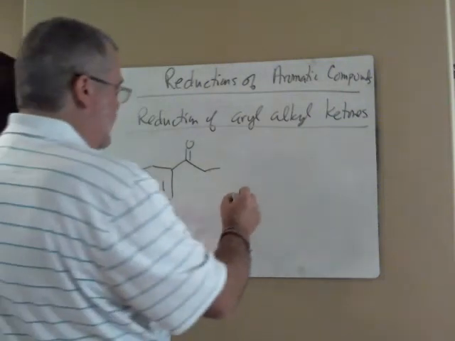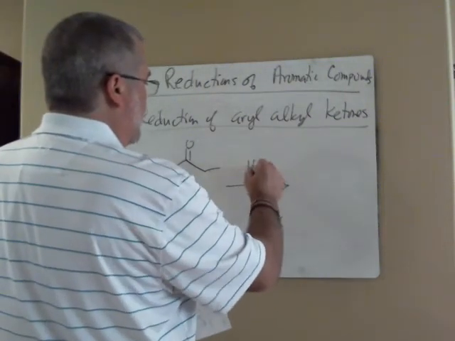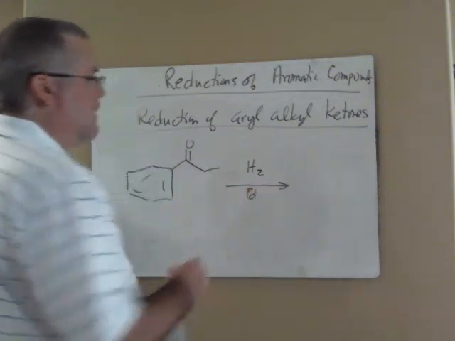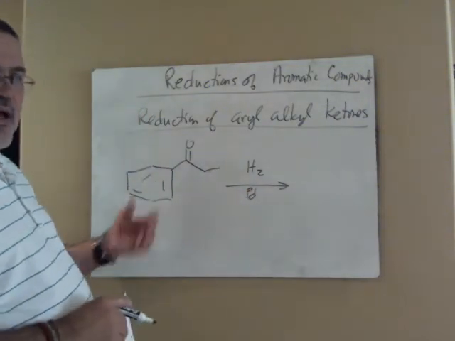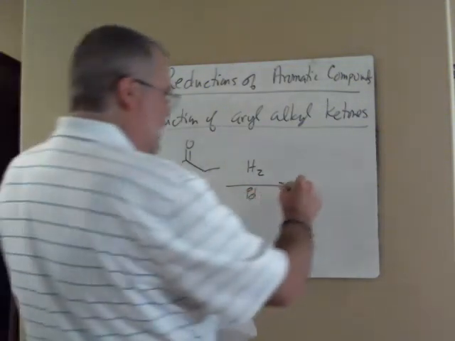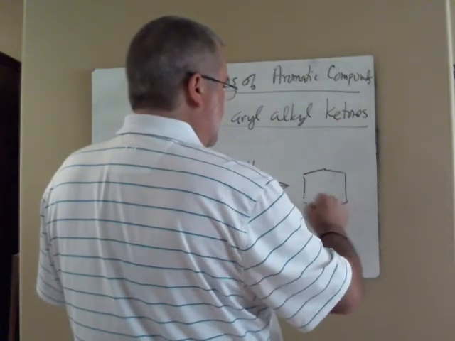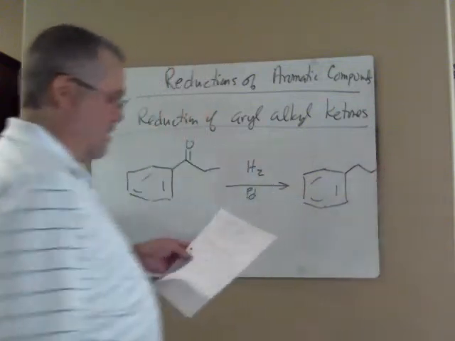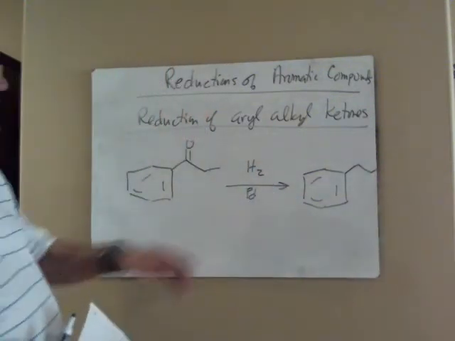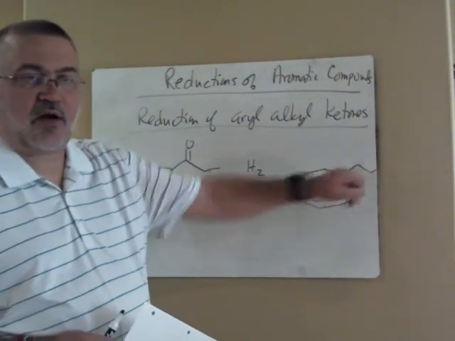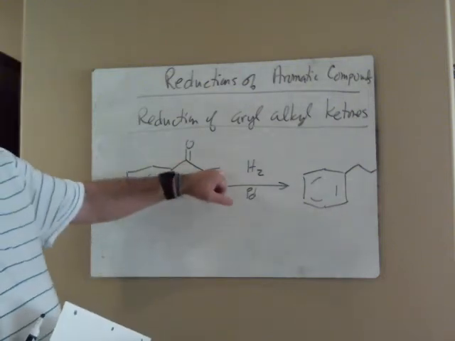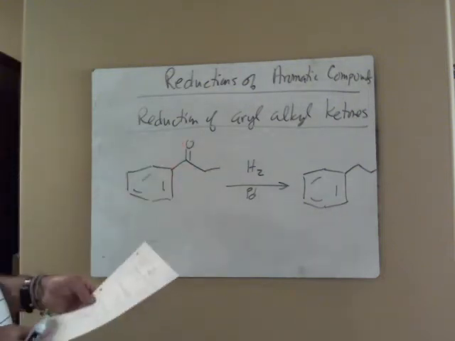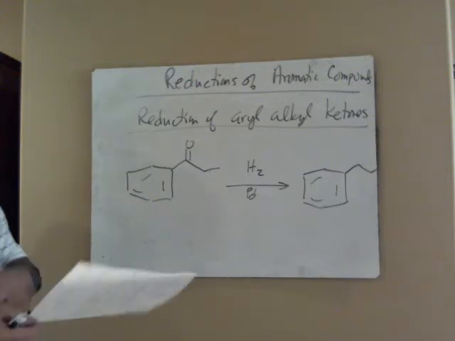And I'm going to take this and I'm going to react it under normal hydrogenation conditions. Hydrogen gas, palladium catalyst. And what will happen is I will reduce the carbonyl. So there are 1, 2, 3 carbons. 1, 2, 3. All I've done is reduced the carbonyl. Okay?